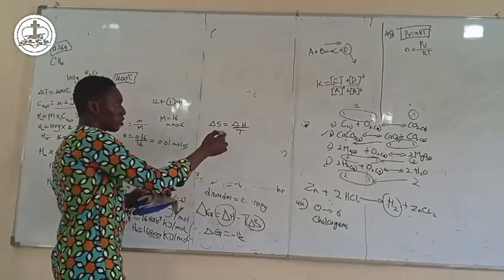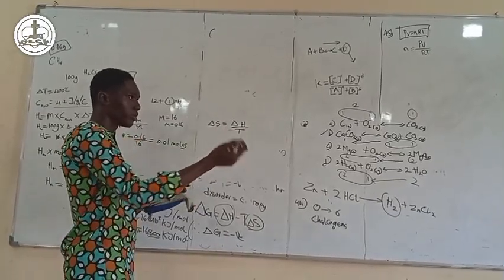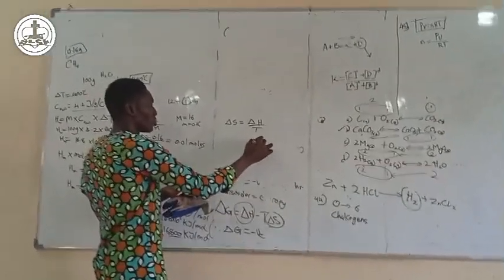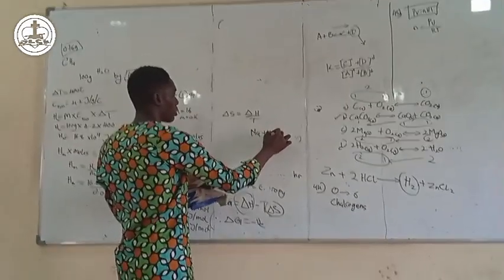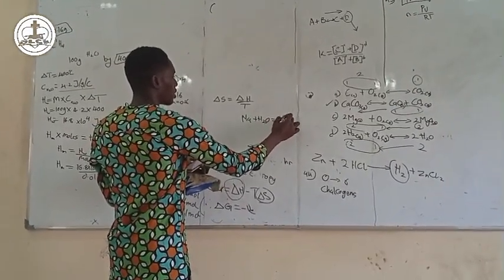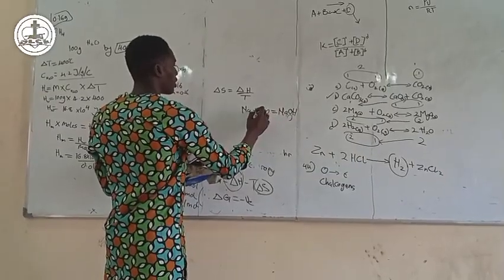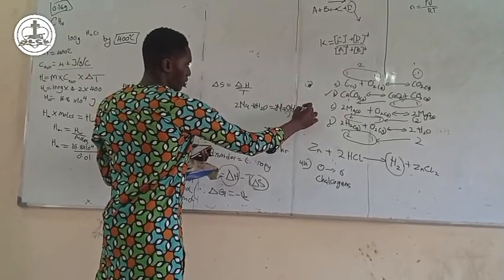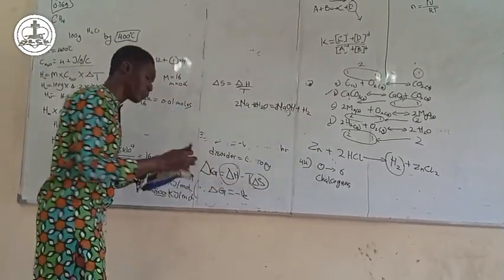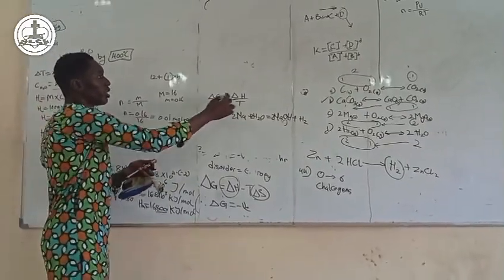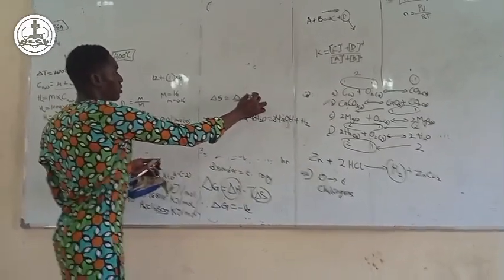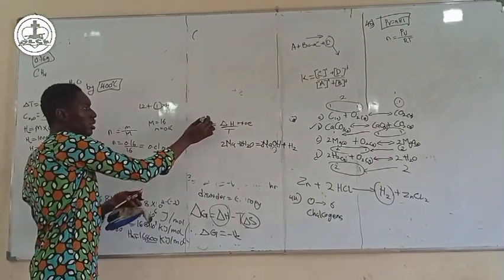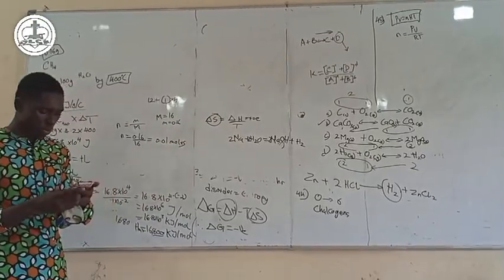At constant temperature, the dissolution of sodium in water is an endothermic reaction. For an endothermic reaction the enthalpy is positive, so the change in entropy will also be positive.